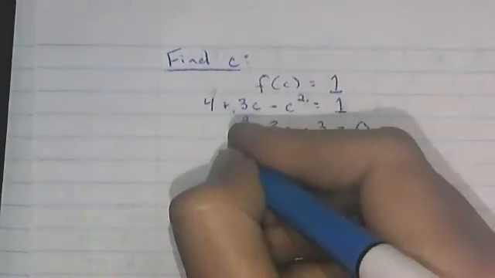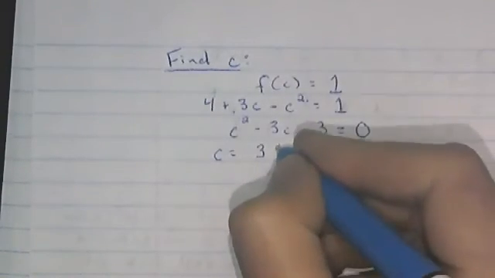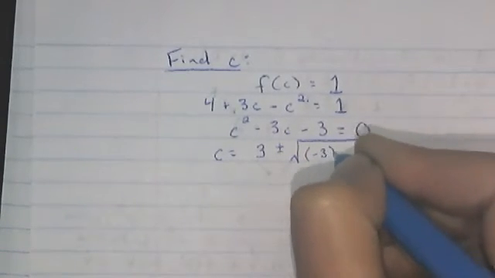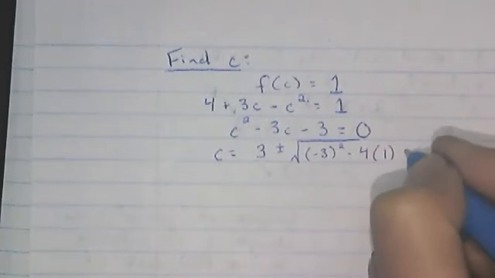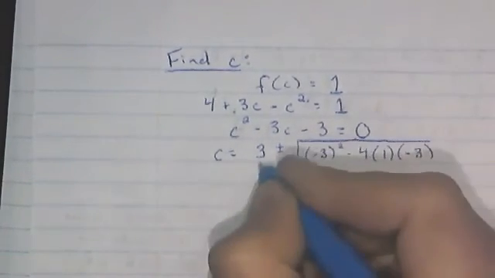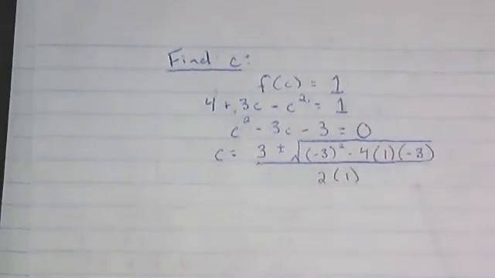So C then is equal to the opposite of B, which I'm going to call positive 3, plus or minus the square root of B squared, negative 3 squared, minus 4 times A, 1, times C, negative 3, all divided by twice A, which is still 1.